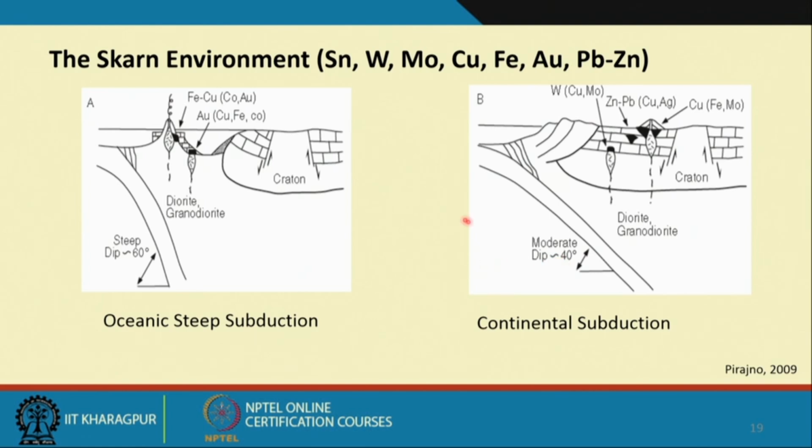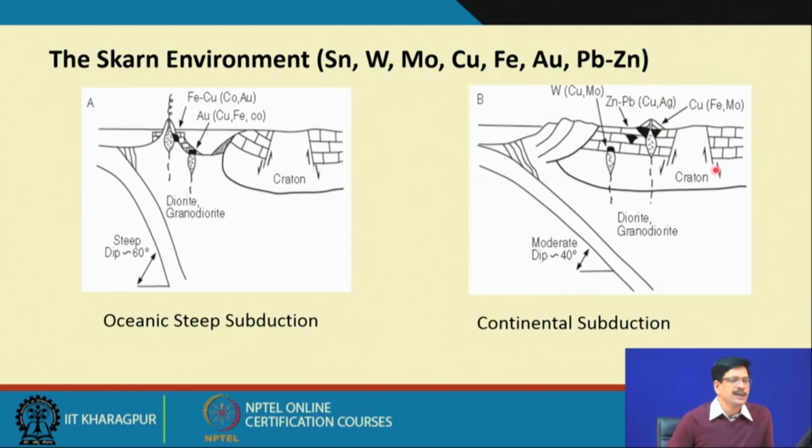We do have a kind of subduction against the continental lithosphere. This is moderately deep, which gives rise to tungsten, molybdenum, and sometimes zinc and lead also.